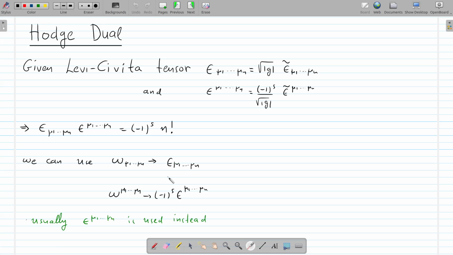This is not what is usually done in the literature of general relativity, and for the duality, the Levi-Civita tensor is used without the sign coming from the signature of the metric. So we have to be careful to carry this sign correctly in the formulas that we will write.